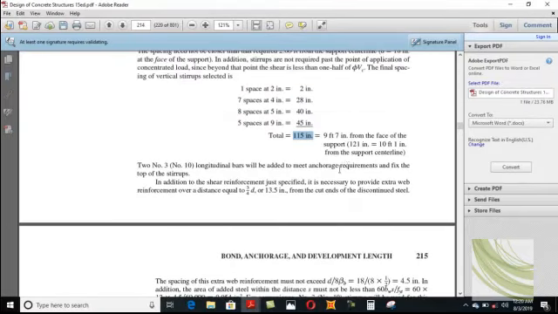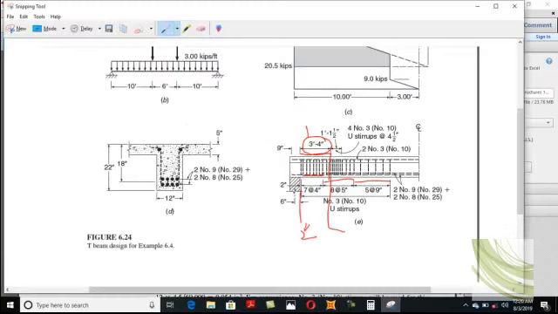Okay. Now, number 3 longitudinal bars will be added to meet anchorage requirements and fix the top of the stirrups. Okay, they provide number 3 bars at the top. This means here these 2 bars are number 3, because they are provided there to suspend the stirrups from this.